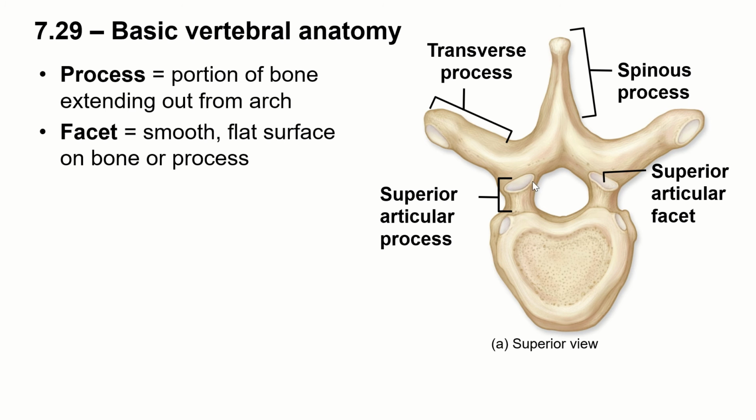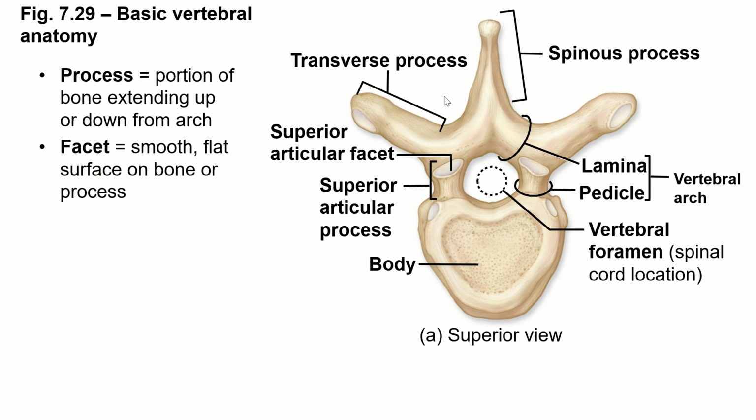And then the superior and inferior articular processes have facets called the superior articular facet and the inferior articular facet. And those are the bone surfaces that are actually going to articulate together when we put the vertebrae together.